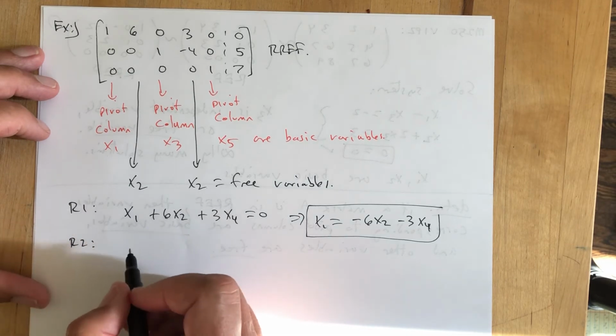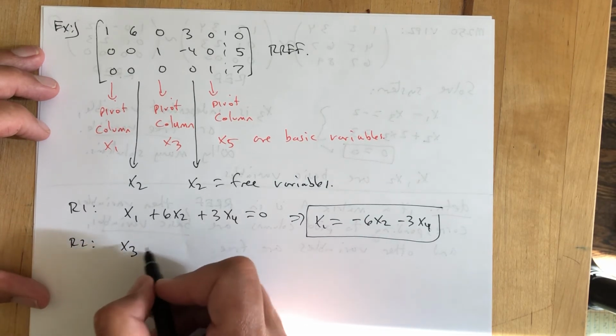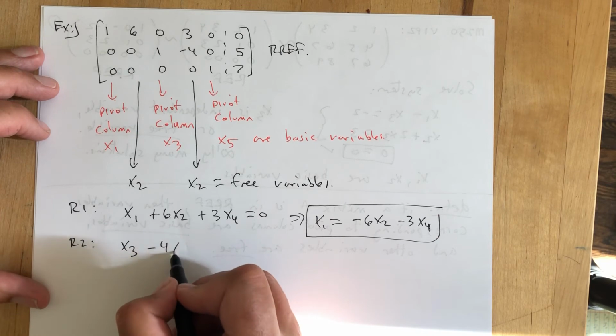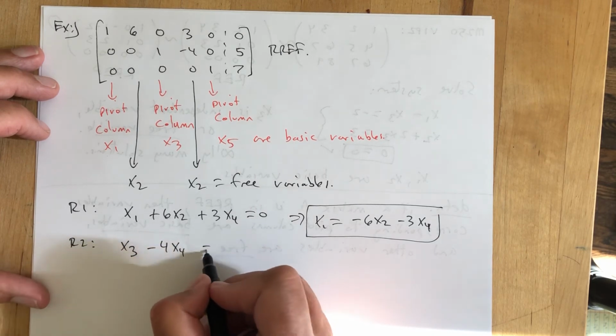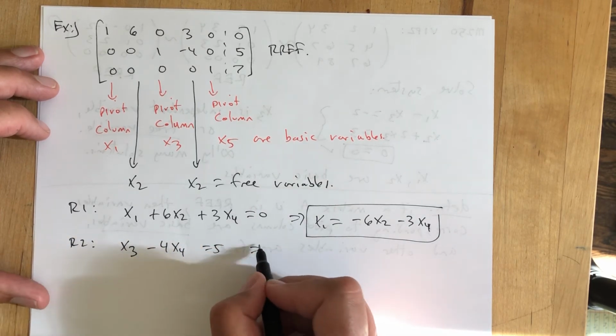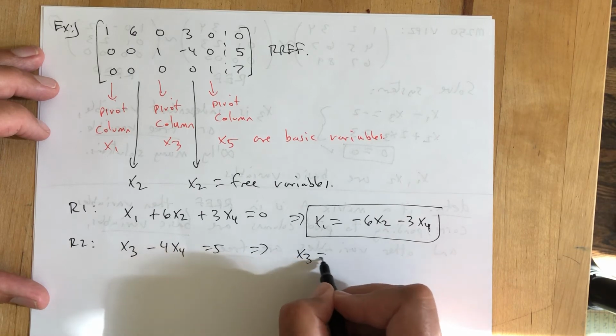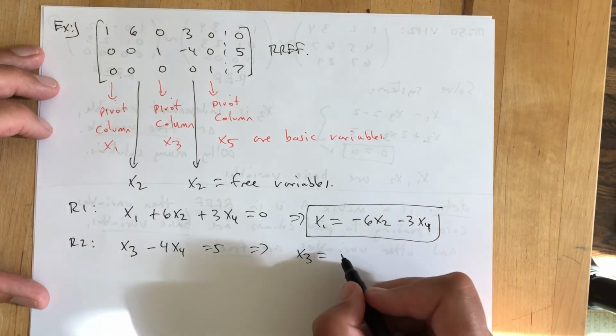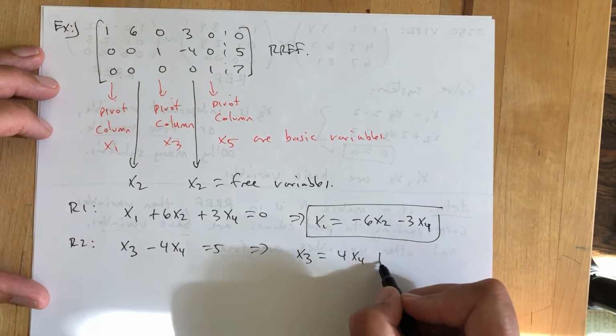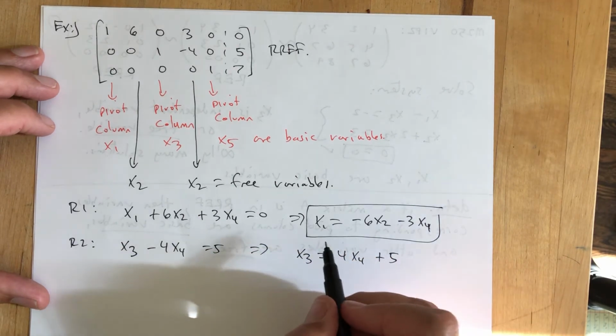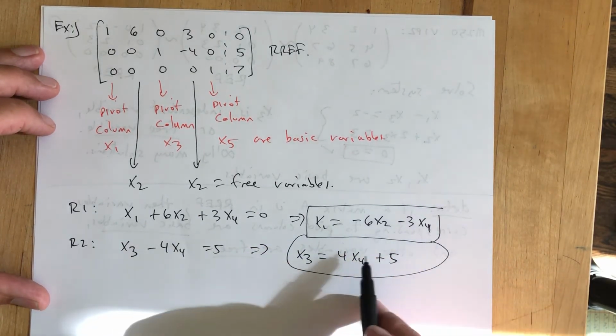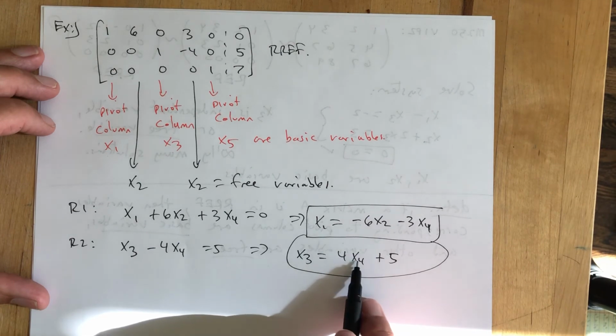Row 2 says x3 minus 4x4 equals 5. And that says that x3, which is one of the basic variables, equals 4x4 plus 5. All right, and again, x3 depends on the choice of x4.